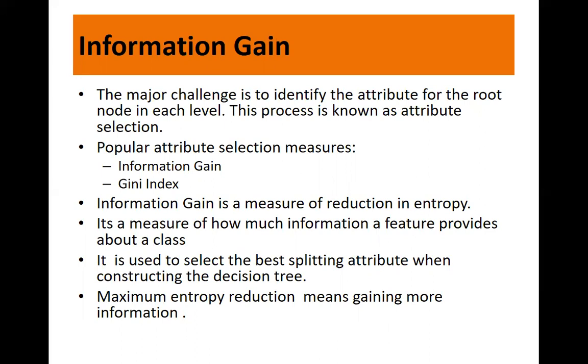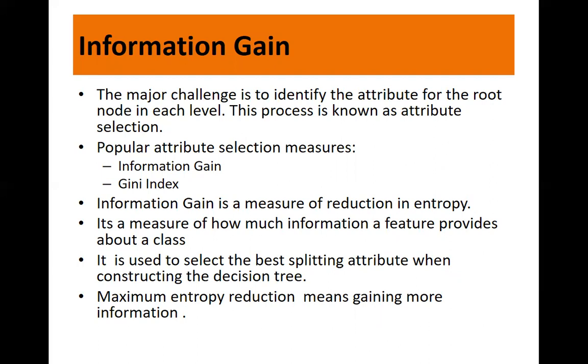We have 2 popular attribute selection measures, that is information gain and Gini index. We already spoke about it before. Now, information gain is a measure of reduction in entropy. When we are constructing a decision tree, our aim is to reduce the entropy, so we need to measure how much entropy will be reduced after each split.